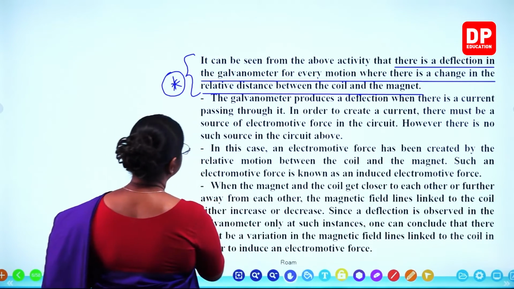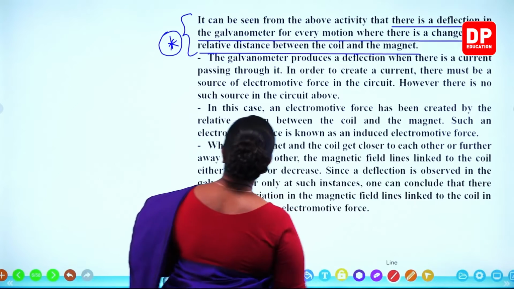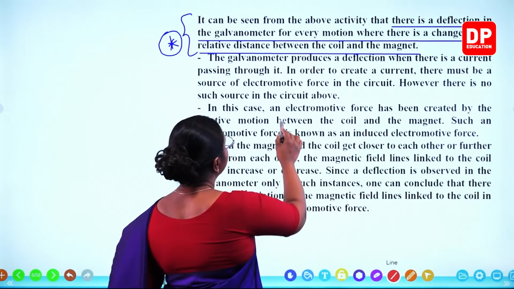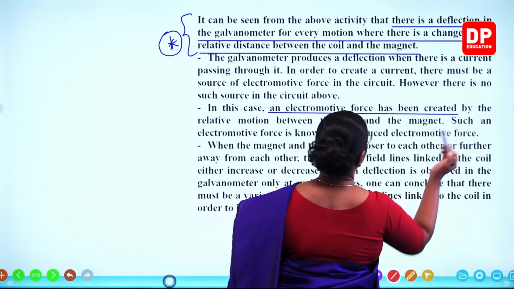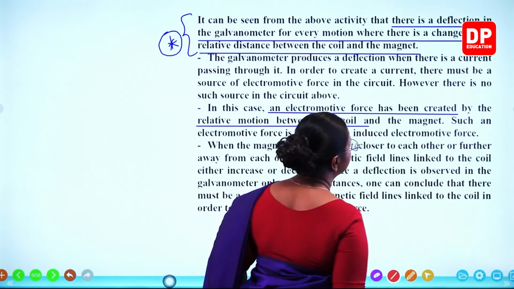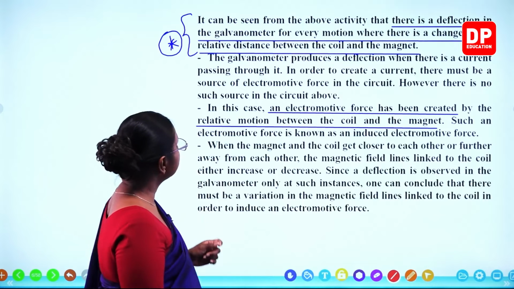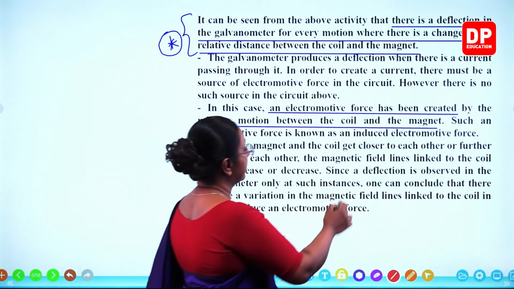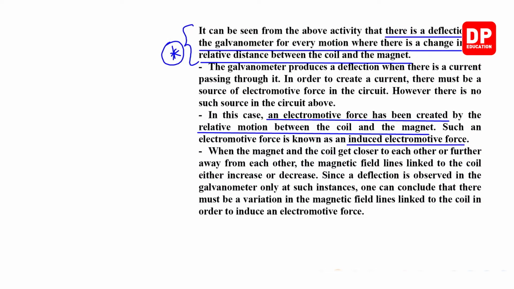So here, in this case, an electromotive force has been created by the relative motion between the coil and the magnet. Such an electromotive force is known as an induced electromotive force.